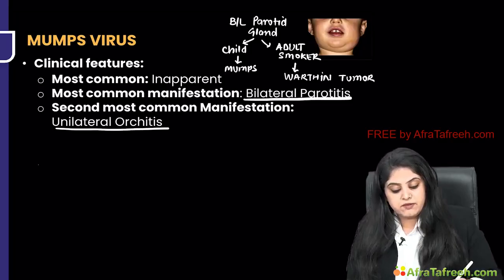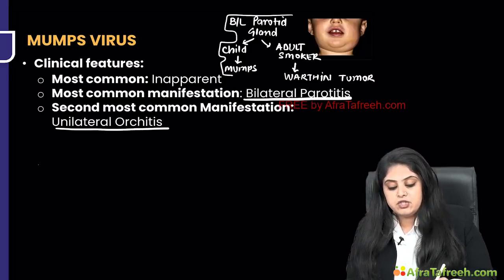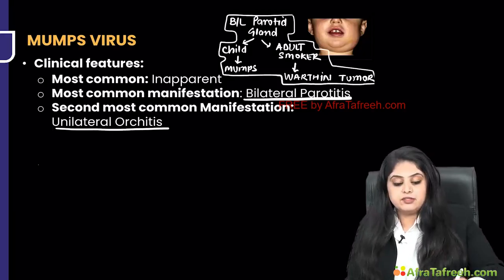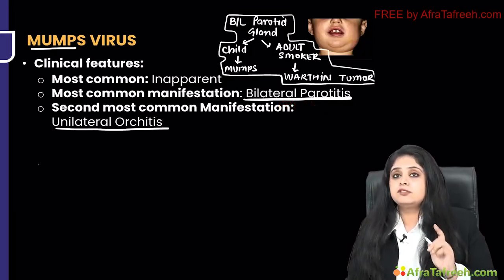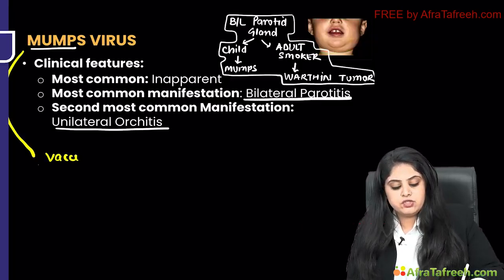Remember this dictum forever, it will help you a lot. Bilateral parotid gland involvement hai. Children I will think of mumps, whereas in adult smokers I will think of Warthin's tumor. That is important. That is what you need to know. Coming back, mumps ke liye, I'm not going to tell you the strain. Why did I call him Jerry? Because the vaccine is going to use the Jeryl Lynn strain. We have already done that.